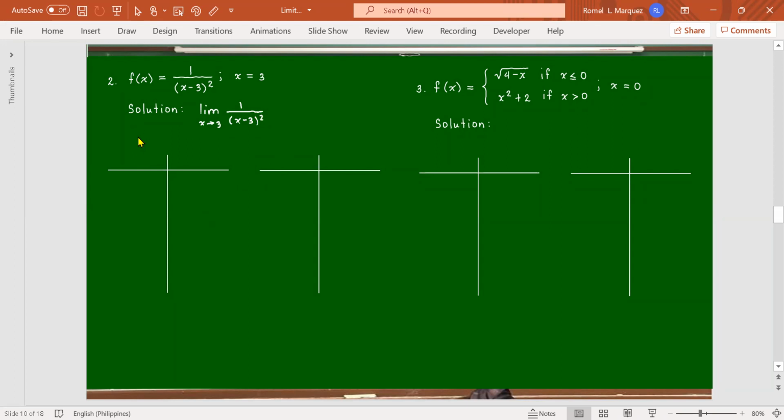So again, we're going to assign first values of x close to 3 but to the left of 3.